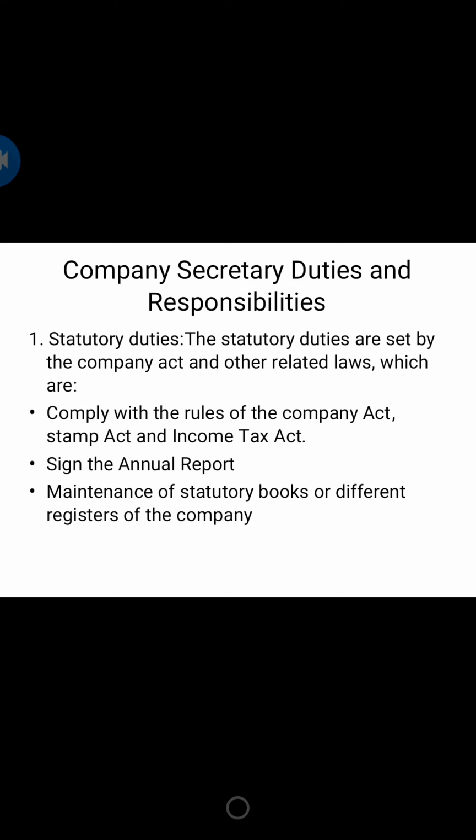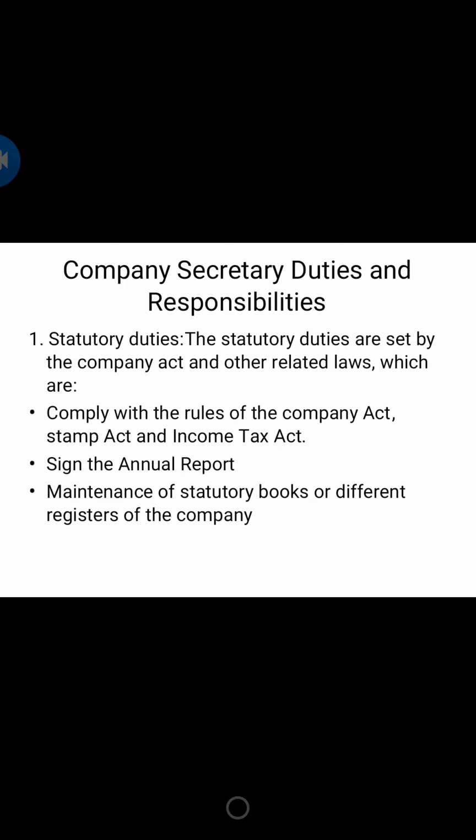So what is statutory? Statutory means which is compulsory, which is mandatory, which is given by the law itself, right? So the statutory duties of the secretary are set by the Company Act and other related law. Which means the statutory duty of the company secretary is given to the secretary by the Company Act itself and the related law which is governing the company.